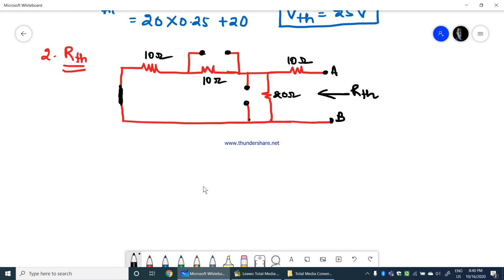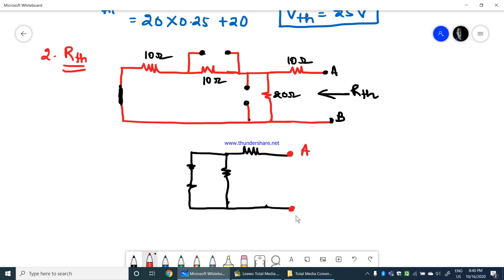If I write this circuit in a different way, I have 20 ohms connected in parallel with 10 ohm in series with 10 ohm, and that in turn connected in series with 10 ohms. This is my A and B where I find RTH. The two 10 ohms are in series, that in turn in parallel with 20, and that in turn in series with 10 ohms.